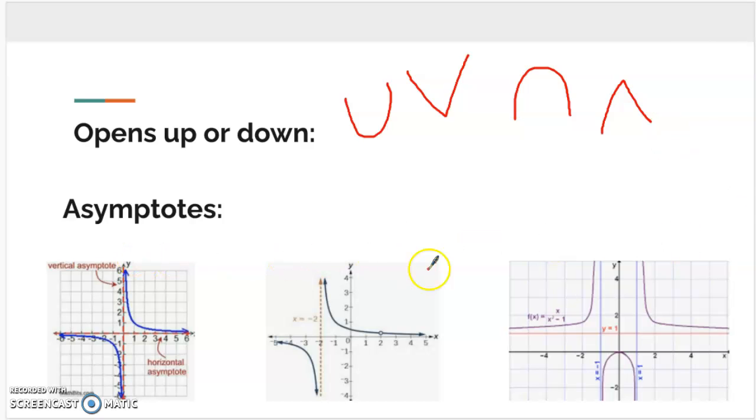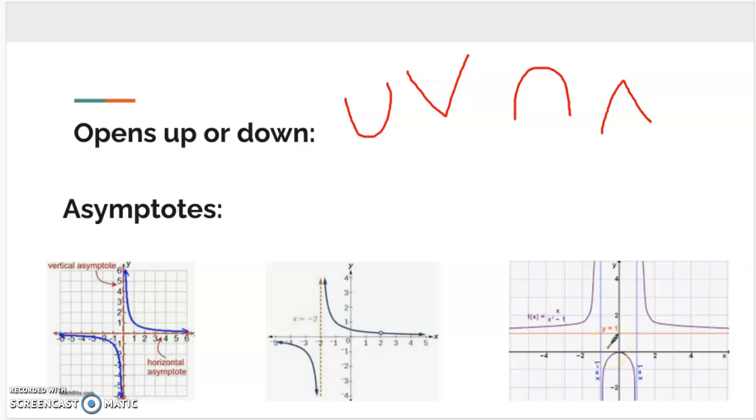The next one is asymptotes. There are only certain graphs that deal with asymptotes. We have our rational graph here. We have an exponential graph, or one of our trigonometry graphs. Those are the only ones that have asymptotes.